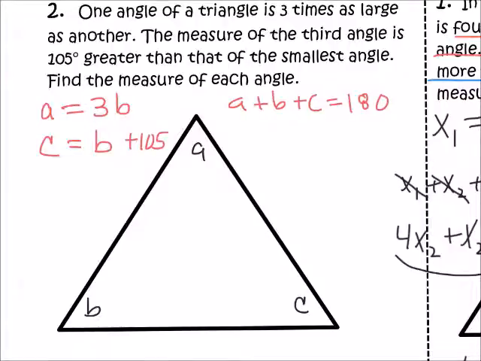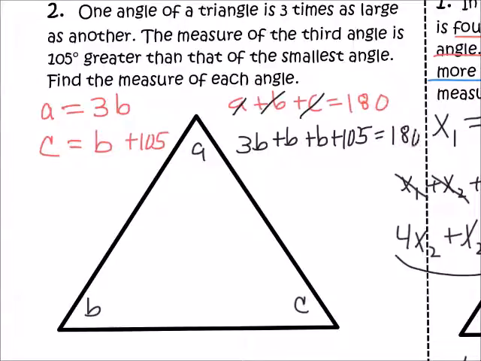Again, we're just going to use these equations that we've come up with from our word problem and substitute these values in for the variables. When we rewrite that equation, we have 3B, so we've taken care of that, plus B, plus B plus 105, equals 180.